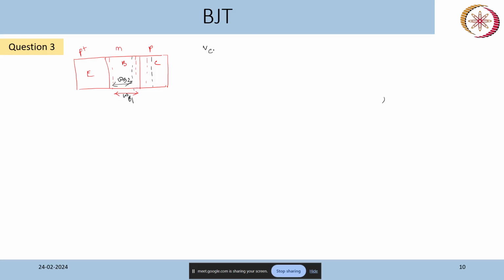What will be the relation of the collector base reverse bias voltages? VCB1 gives an effective base width of WB1, and VCB2 gives an effective base width of WB2.